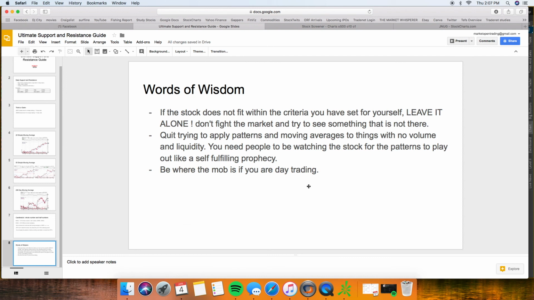No volume. Oh, also, I touched a little bit on it earlier. If you're trading a stock intraday, make sure that the stock has volume behind it. So patterns are all good and gravy and they work, but they only work when the mob is behind it.